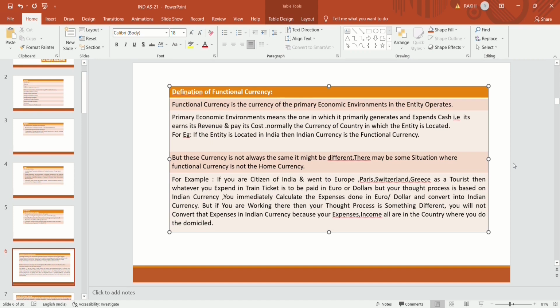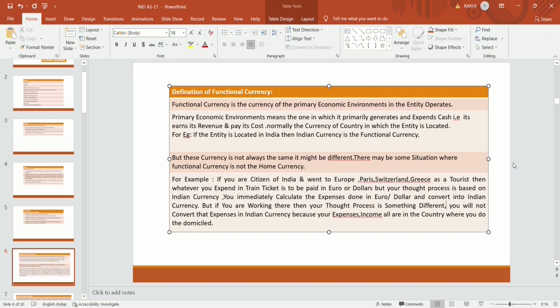You immediately start calculating that expense and converting the amount you spent in euro or dollar into INR, because your thought process belongs to the Indian currency, Indian market.